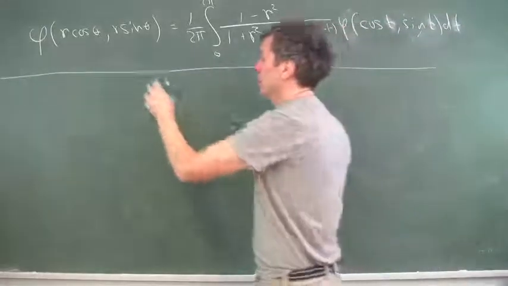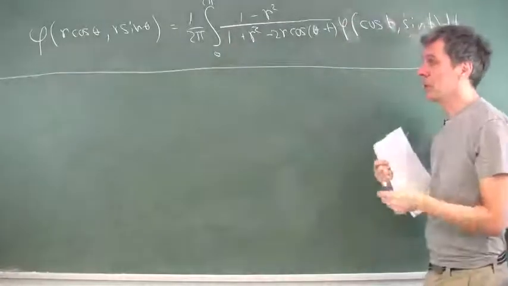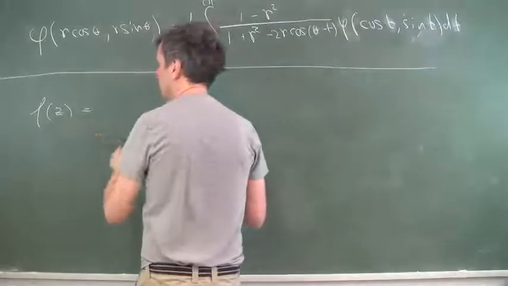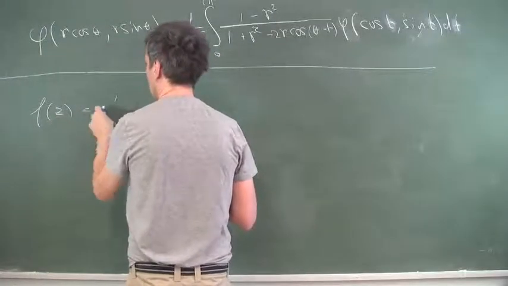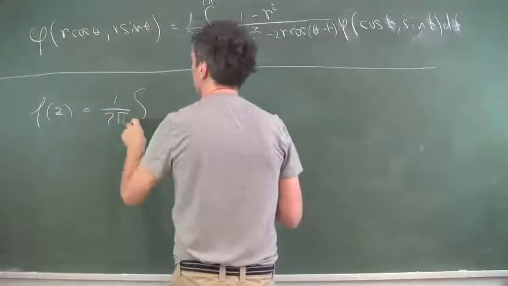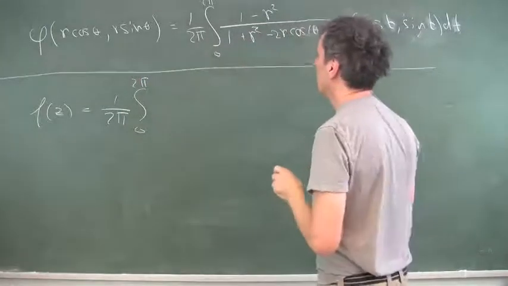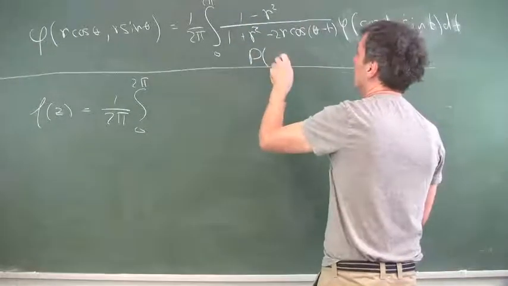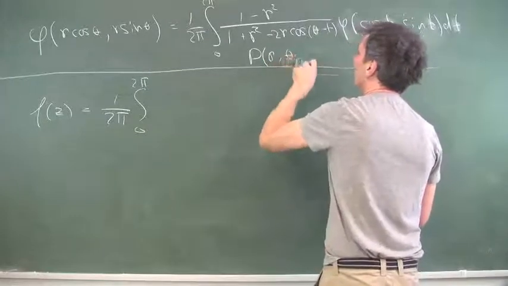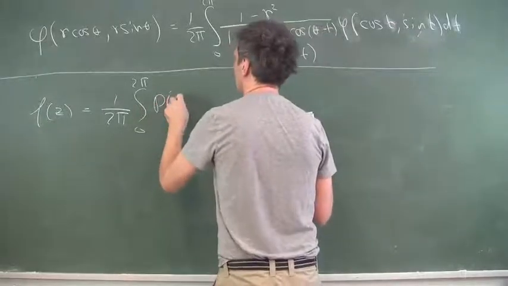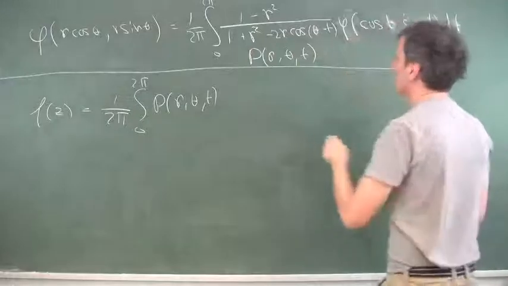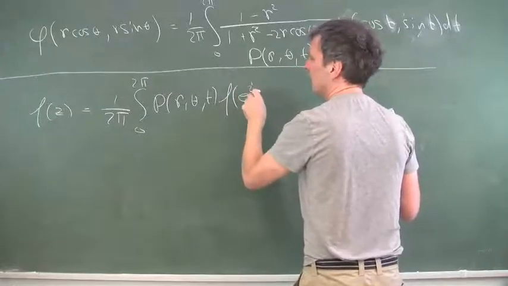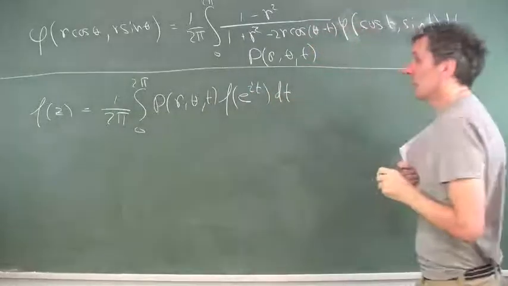This formula is true for both the real part and the imaginary part, so if you prefer the complex notation, then you can write this analytic function as 1 over 2 pi times the integral from 0 to 2 pi of this function, which we can call p of r, theta and t, which is called the Poisson kernel, times f of e to the it, dt, like this.